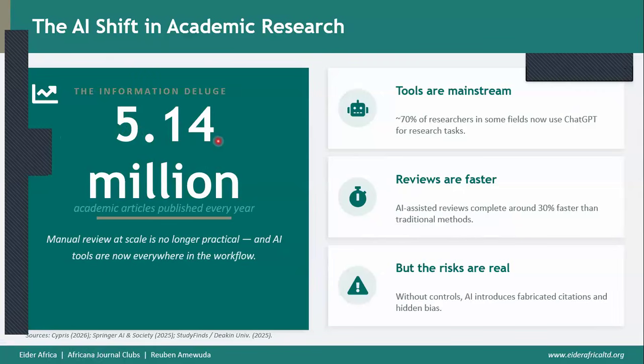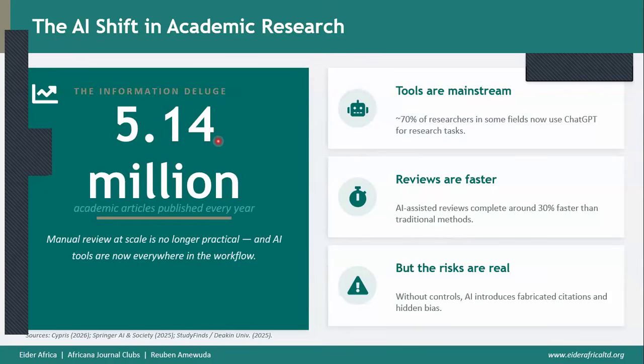It's very, very, very huge. This is a rough statistic, not the actual figure, but we say about 5.14 million according to Springer, AI and Society. They did this research and found that about 5.14 million articles have been published so far.